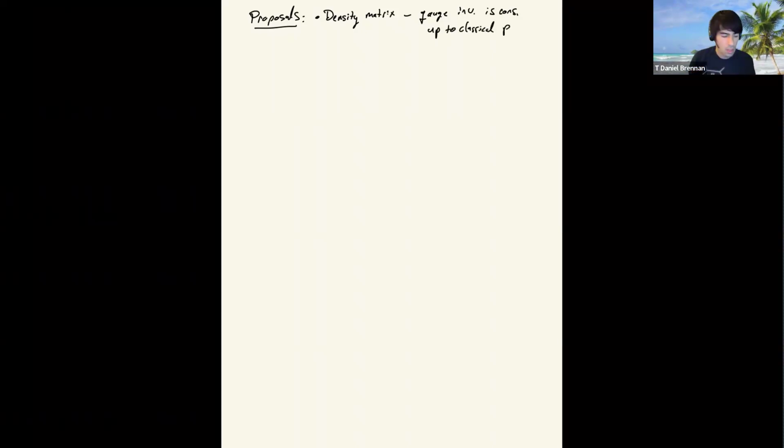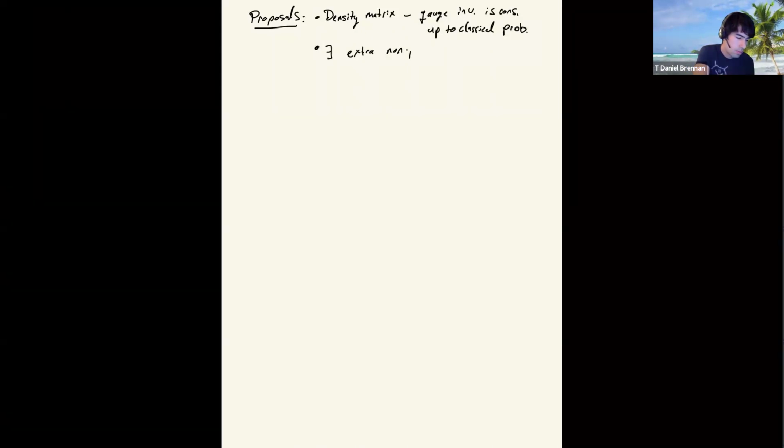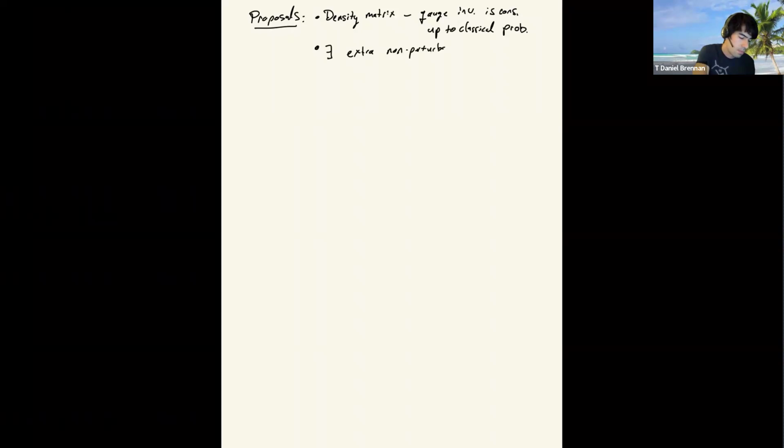Another classic proposal, which actually has very many iterations, is that there exist extra non-perturbative sectors of the Hilbert space that are only activated in the presence of a monopole. This is a very tempting proposal because it works with every symmetry.